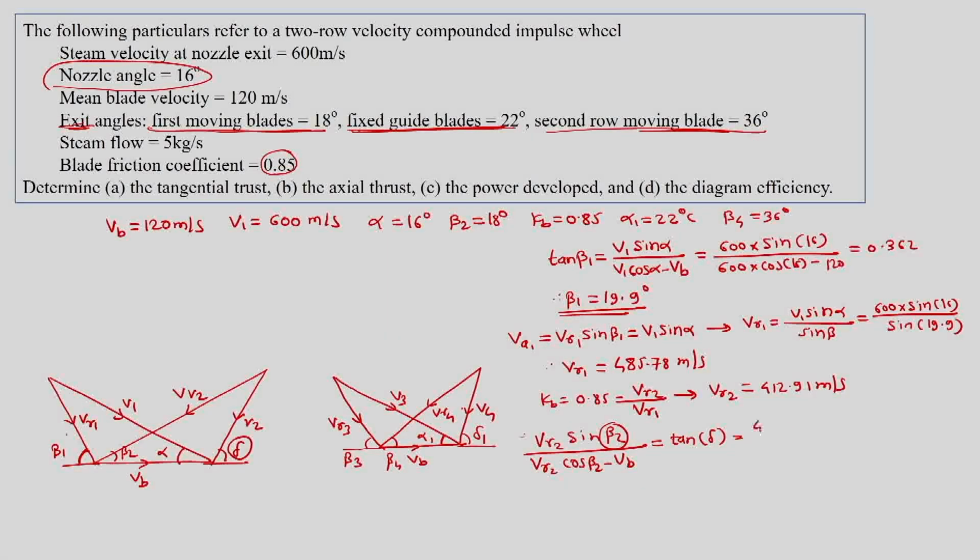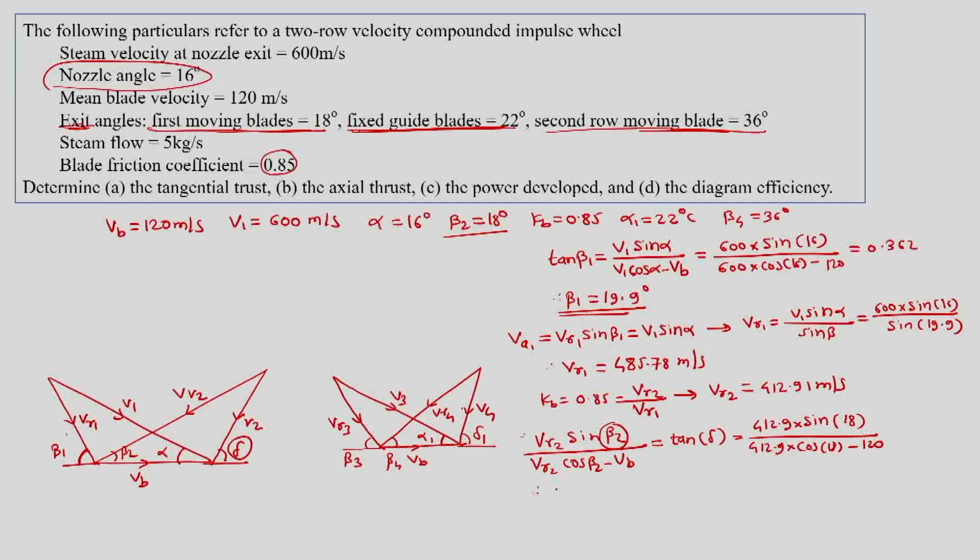So VR2 is 412.9 into sine of beta 2, which is given as 18, divided by 412.9 into cos 18 minus 120.